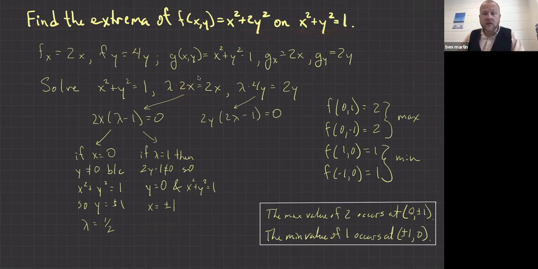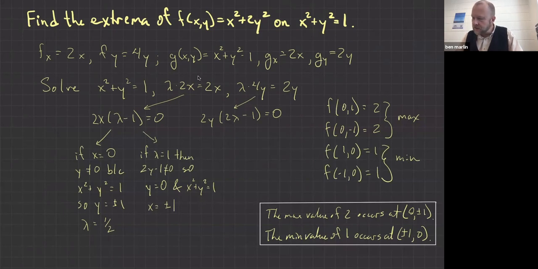Now, you might also have a question that asks you to do this for the region x squared plus y squared less than or equal to 1, in which case you look in the interior of the circle by looking for critical points. And if you did that, you'll end up finding 0, 0, okay? But here we're specifically looking at what to do on the boundary, so subject to the constraint.